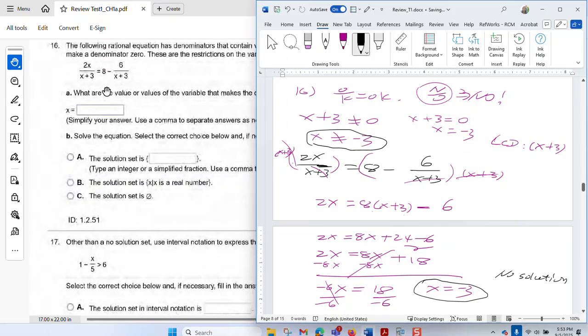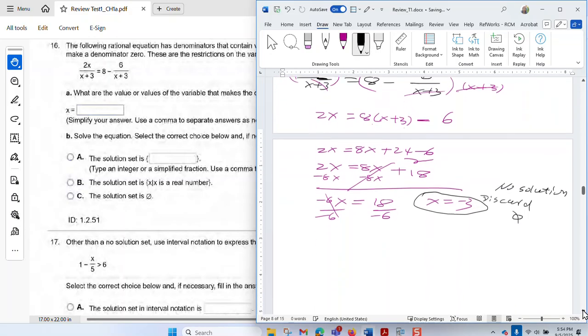So therefore, we have to get rid of the only solution we have. We have to discard this one, because it makes the denominator 0. So therefore, there's no solution here. The solution set is empty.